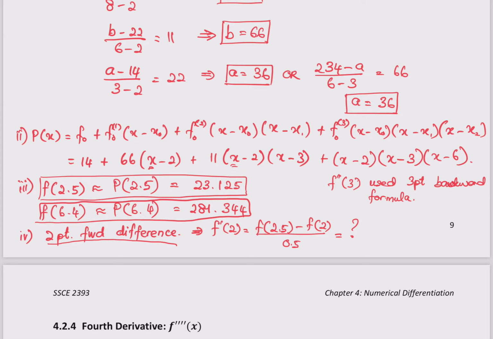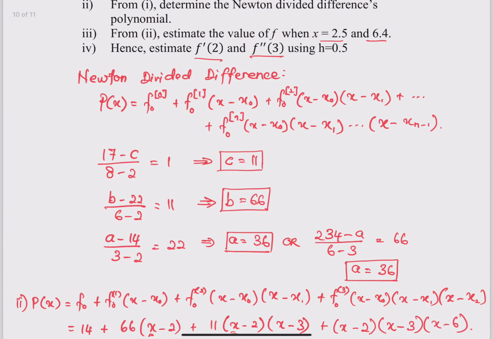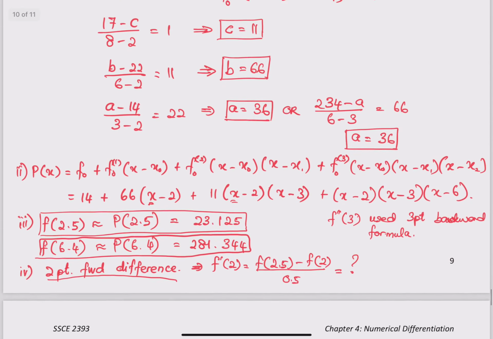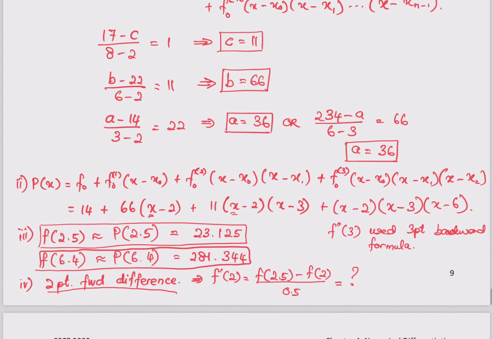I know that you can find the value at 1.5 and so on, but that has no purpose for question number 3. You need to find the value at 2.5. So this is about our combination between interpolation and derivative.